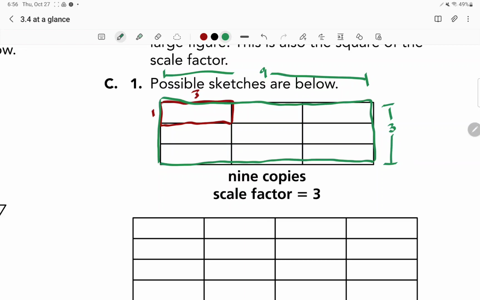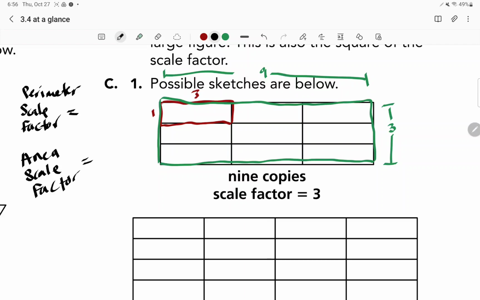So the scale factor for the perimeter, if we look at both of these, well, look, you took 1, 2, 3. So now it's going to be 3 times. So if we're going from the original to the larger similar one, the scale factor is 3. Now if you look at the area scale factor, remember it's going to be that scale factor squared.